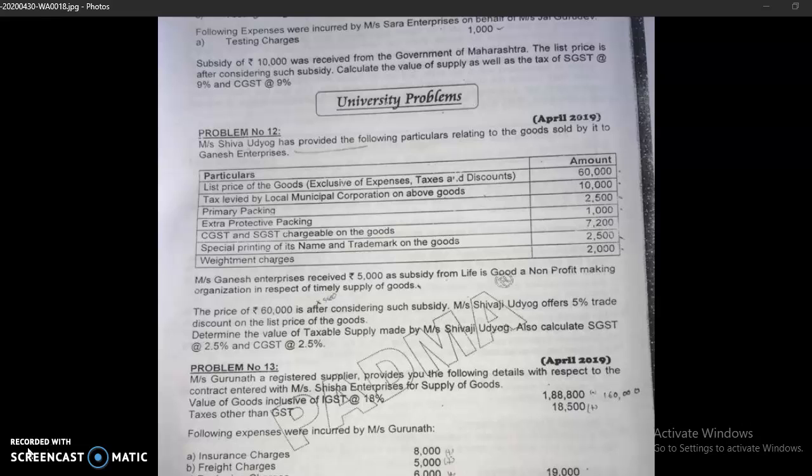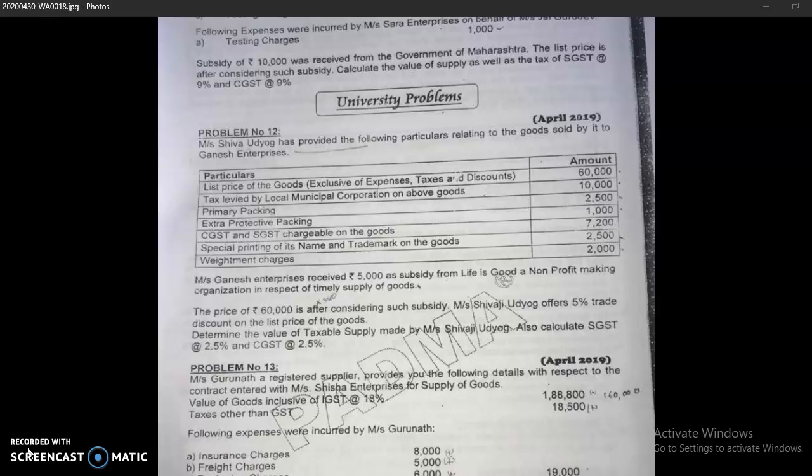Understand it properly. For example, any municipal taxes paid, any octroi paid, any duty paid. If you have incurred any expenses on that particular goods in the form of tax, that value of tax is also added into the value of supply.